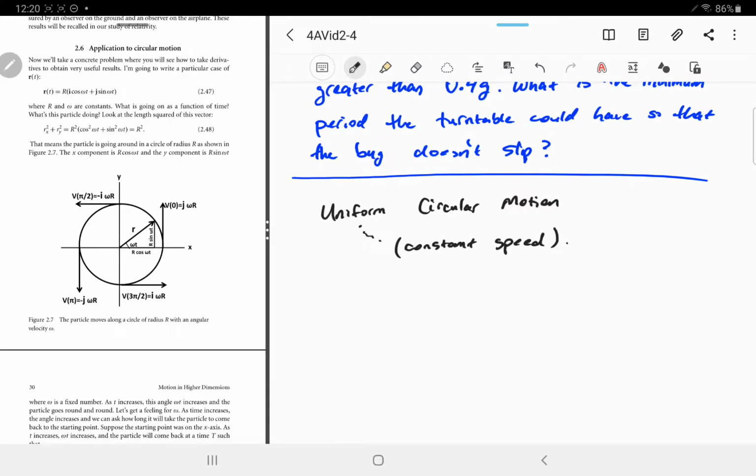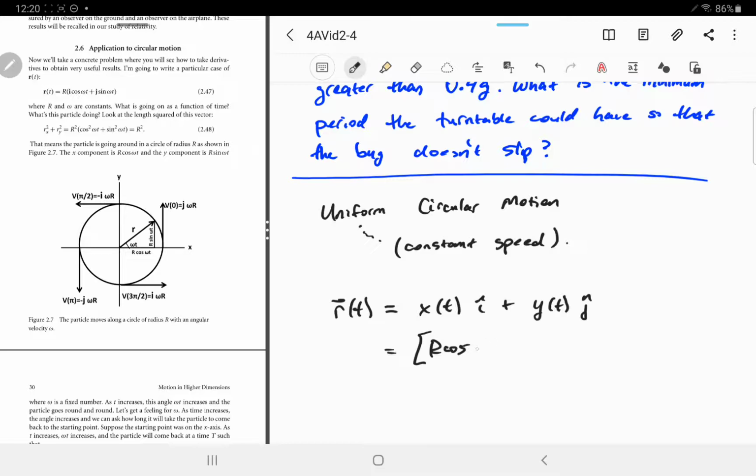Last time we talked about the general motion r as a function of time. There was some x piece that depends on time and some y piece that depends on time. So what your textbook does is it says, let's look at a particular case of x of t and y of t, and that is plugging in r cosine.